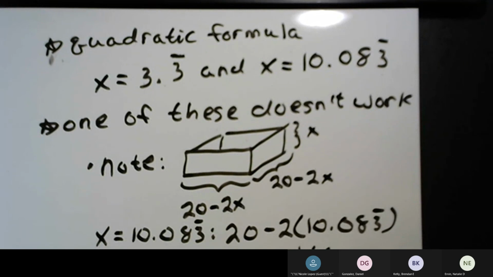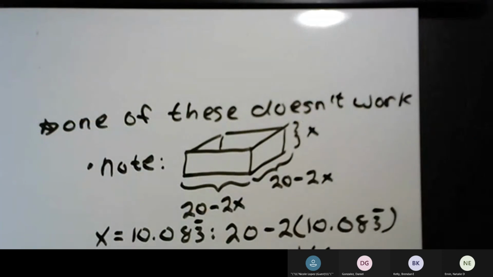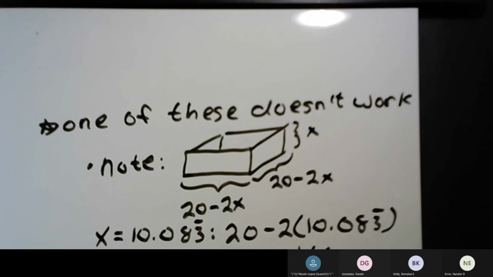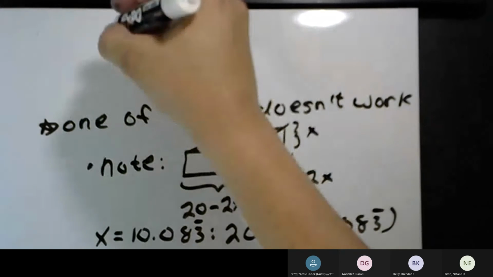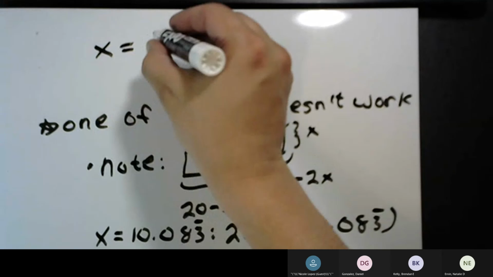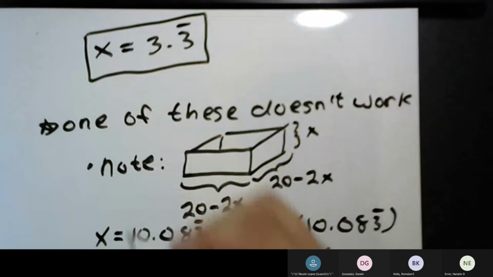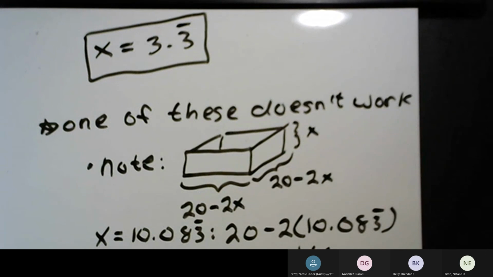So if we let x be this, the dimension on our square is too big. That means the sides and the length of our box will be negative 0.166 inches. So that size doesn't work. The answer is x is 3.3 repeating. Any questions about that?